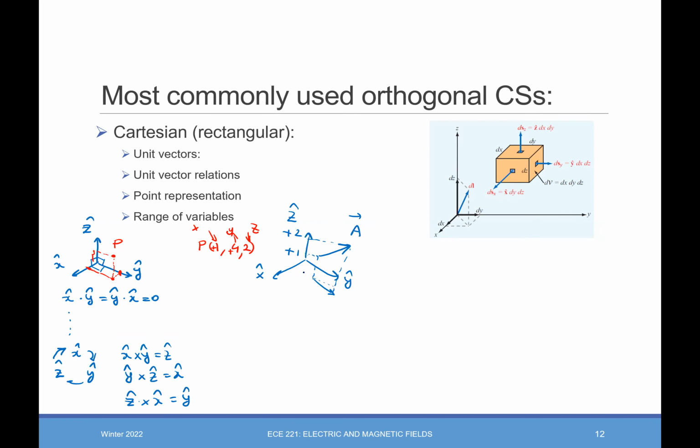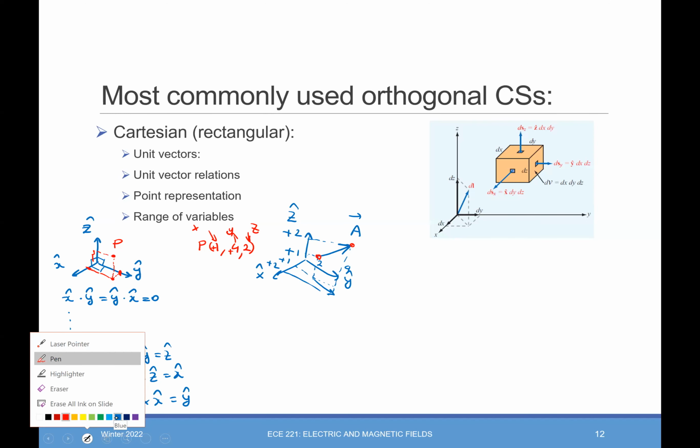This is, for example, plus 2, this is plus 4. This is also plus 1, plus 2, for example. So I projected the beginning and the end of this vector, point A and point B, onto all the axes.